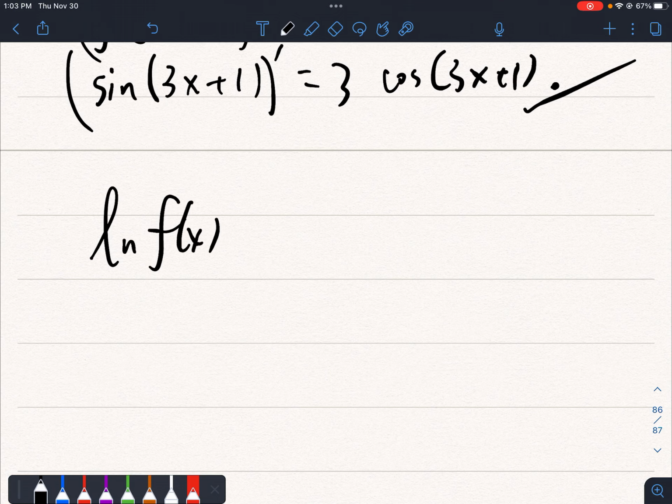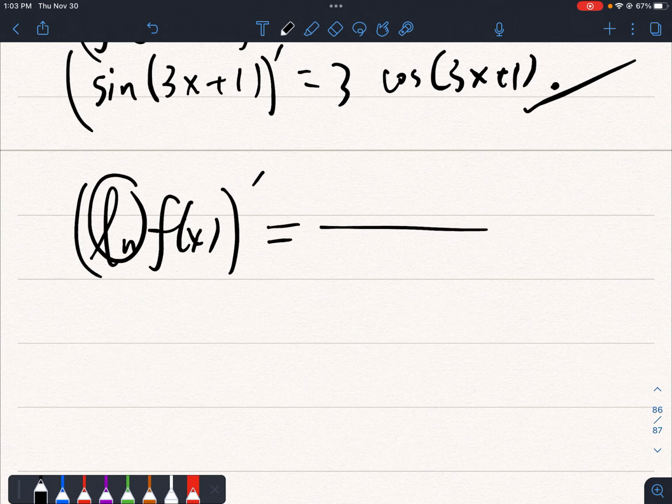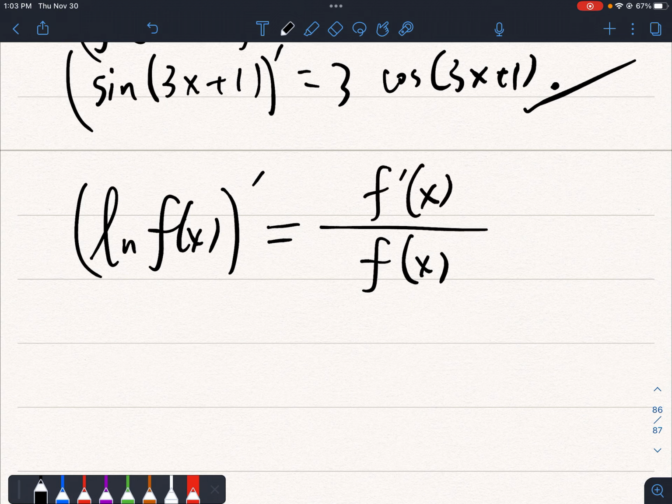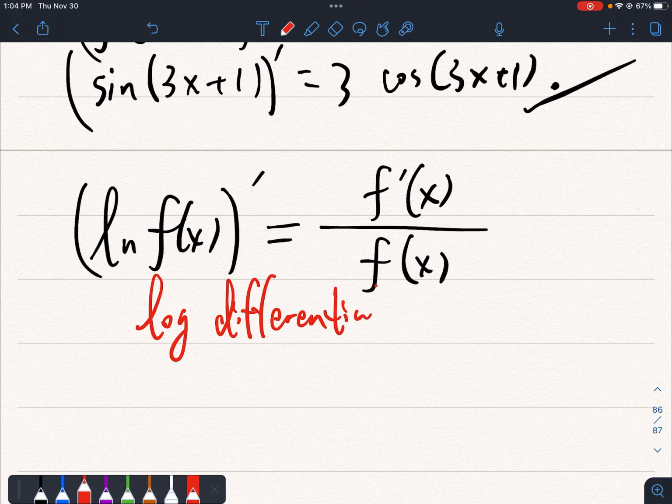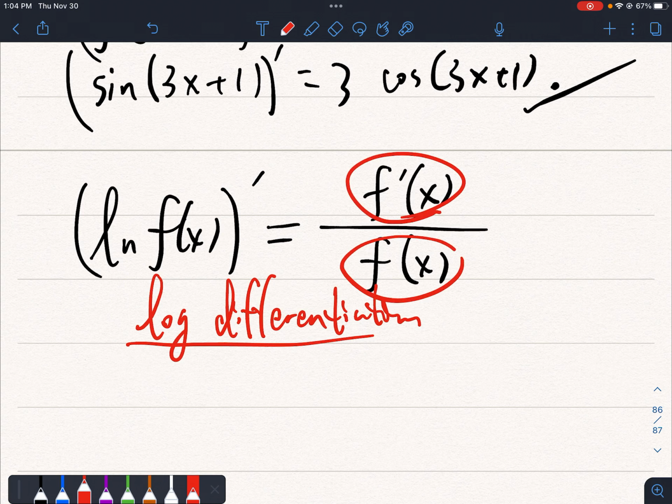And then you can, for example, also look at the derivative of ln of f of x if it's well-defined. So which means if f is always positive, then this derivative is going to be, you look at this ln, so the derivative of ln is 1 over that. So this is 1 over f of x, but still you need to multiply by its derivative, which is f prime of x. And this is very, very important. This is called log differentiation.